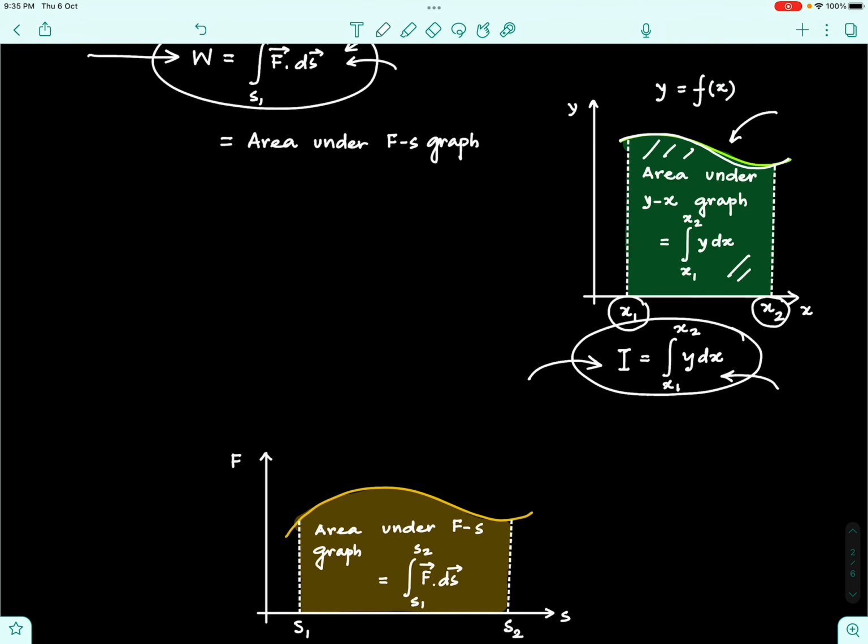We have a graph which is for F versus s, any general graph we can have, and if we want to find out the work done by the force from position s1 to position s2, all we need to do is find out this area under the graph from the initial to the final position.